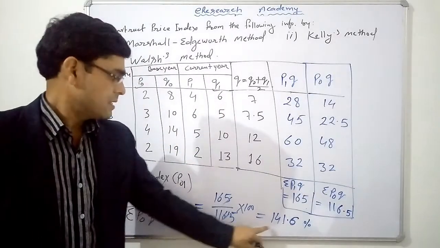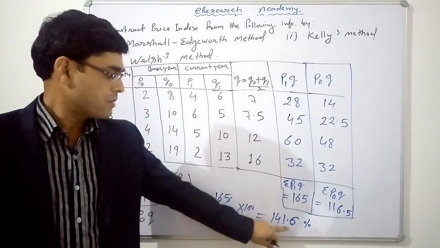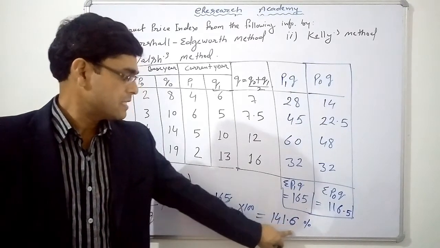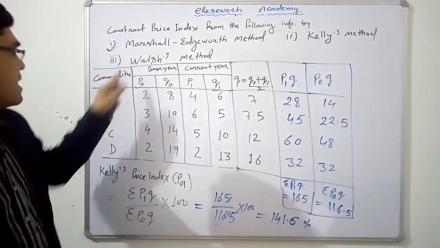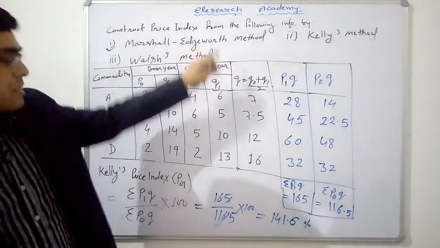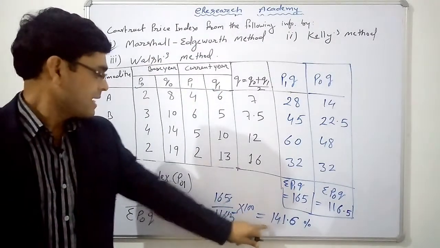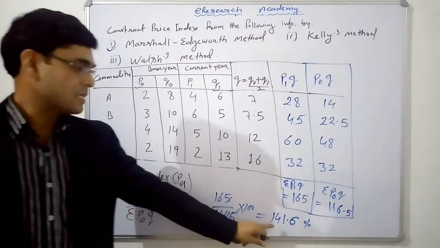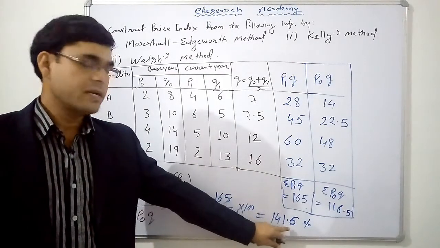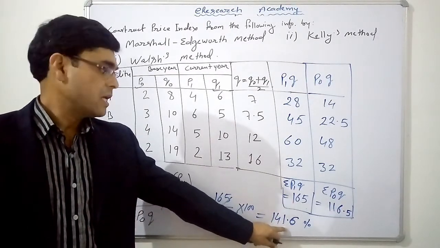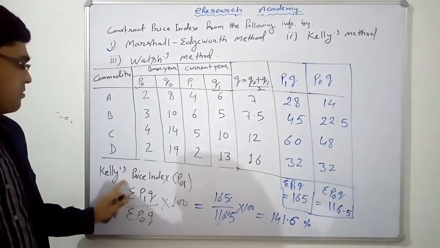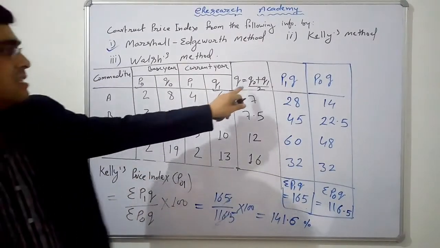So by this method, our answer is 141.6%, that is same as we calculated by Marshall and Ashworth method. So by Kelly's also the answer is same, 141.6%. Okay. So this was the Kelly's method, where this is new here.